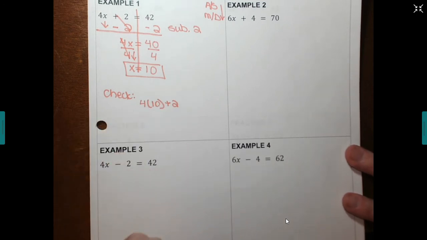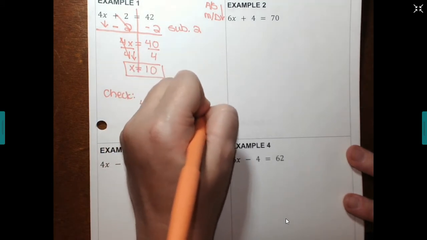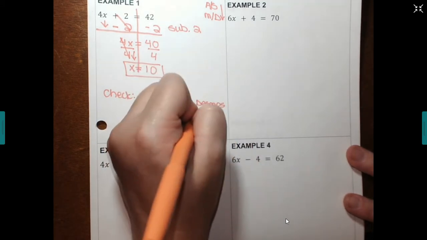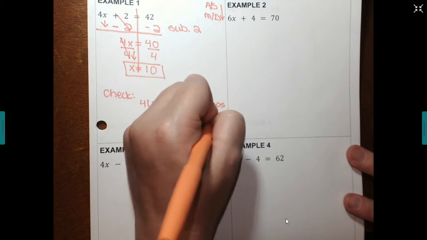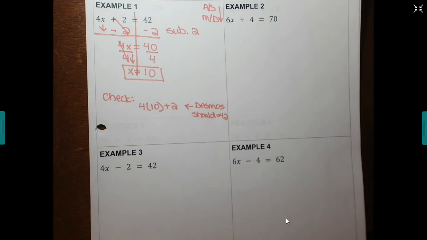And I'm going to tell you guys, it is correct. So it should equal 42. Okay. Go ahead and pause there if you need to get caught up or work around on that one at all. And then hit play when you're ready for example 2.